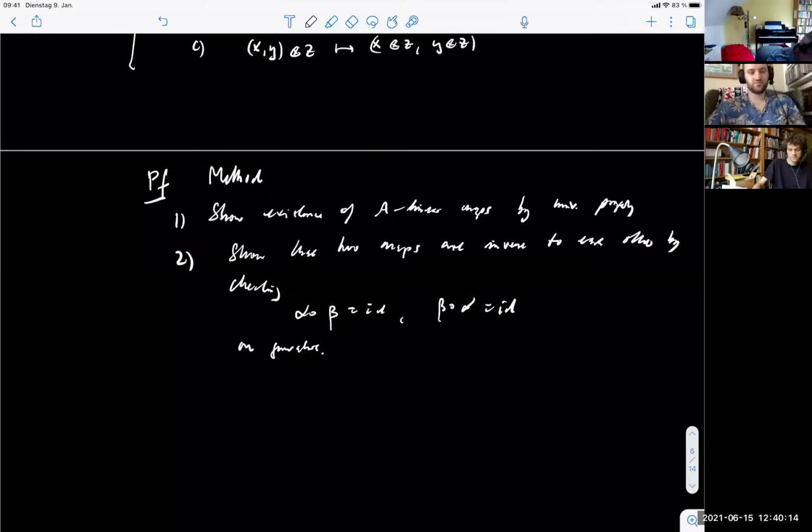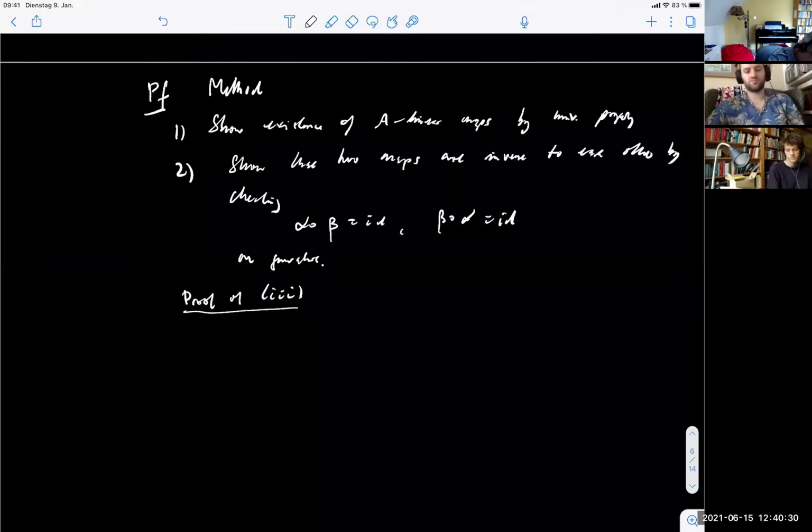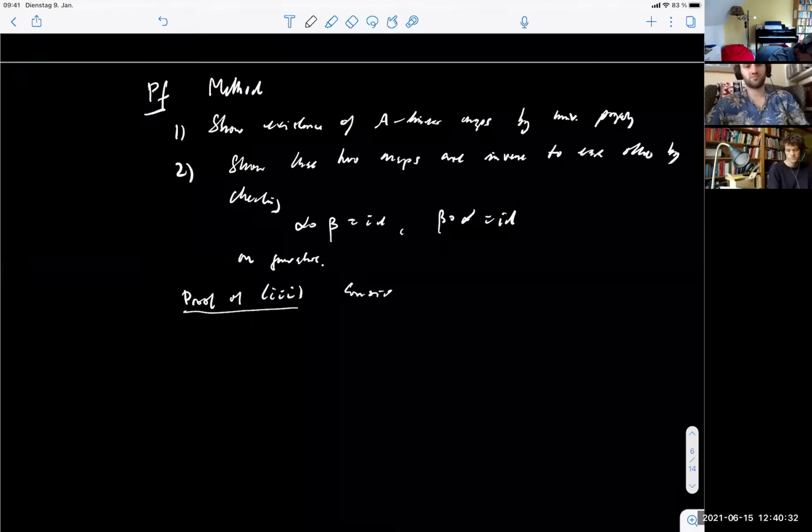So proof of 3, distributivity. The rest I leave as exercise. Now, I consider the A-linear map.